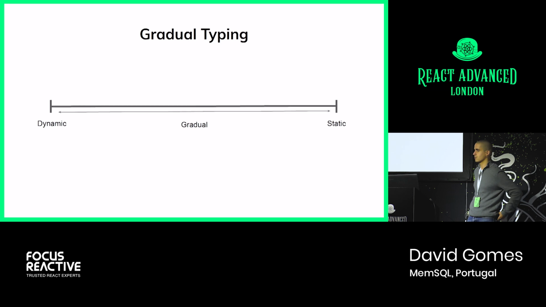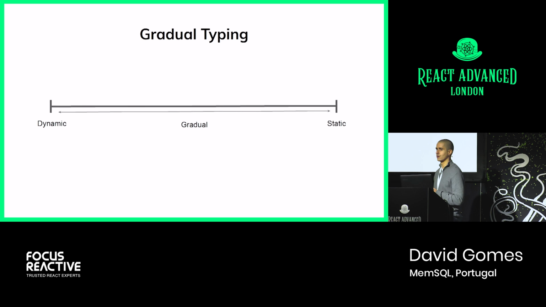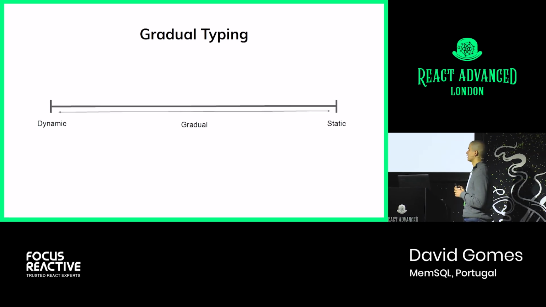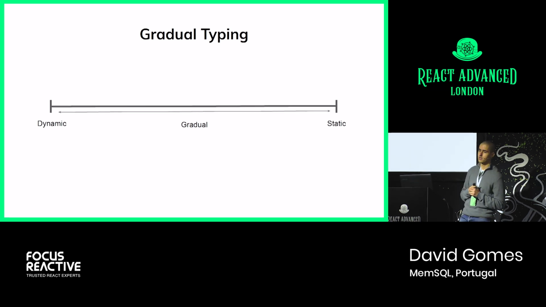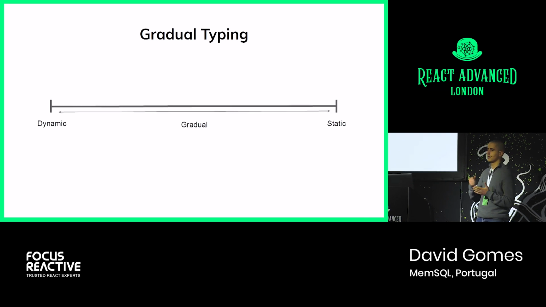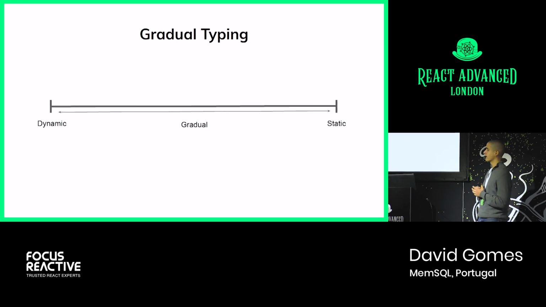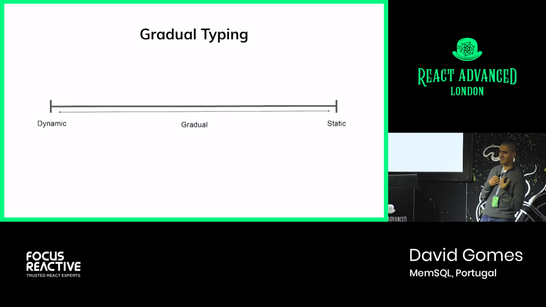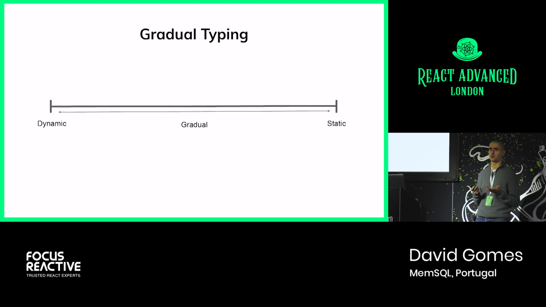And gradual typing is sort of new. It's something that came up around 2005, 2006, so it's not really that new. But it basically joins the best of both worlds. A lot of people think gradual typing is adding a retrofitted static type system on top of a dynamically typed language, and that's not necessarily true. There are plenty of programming languages that have been gradually typed from the start. And what gradual typing actually is, to me, this is sort of controversial, is the best of both worlds.